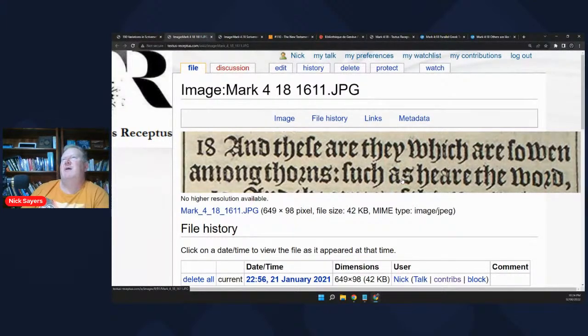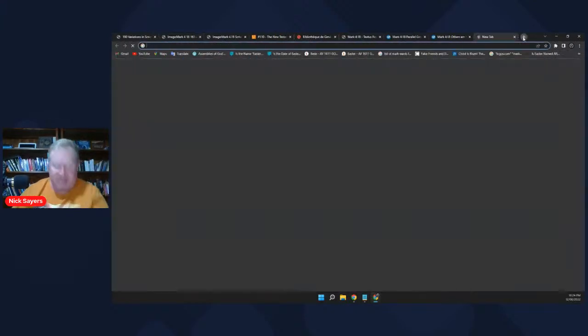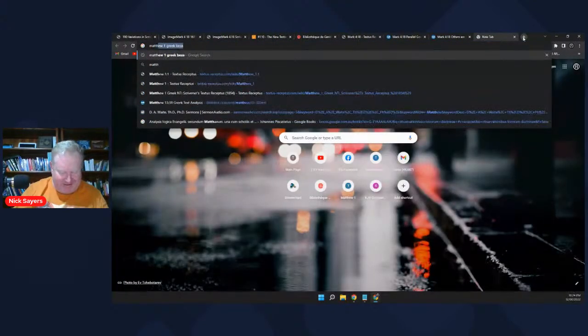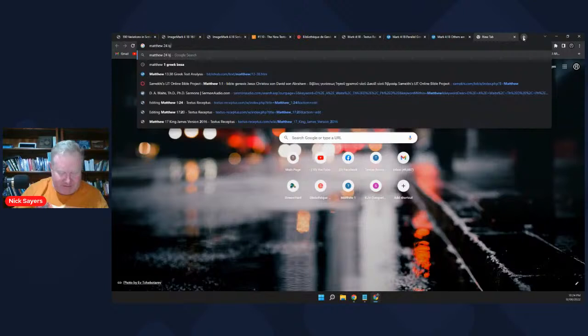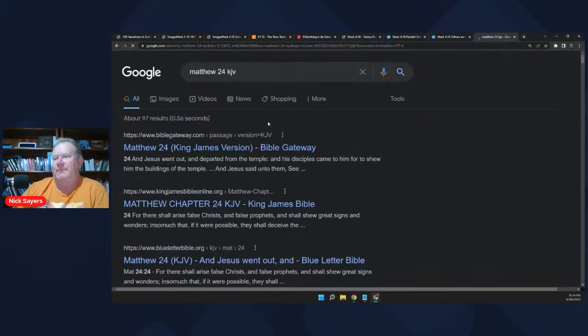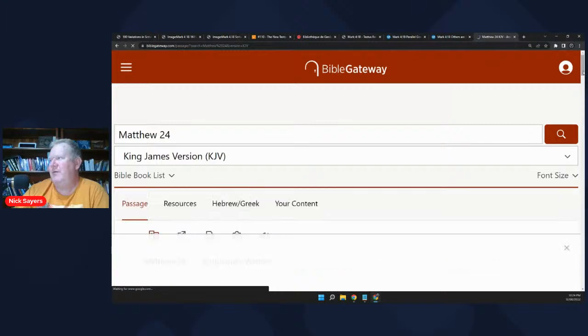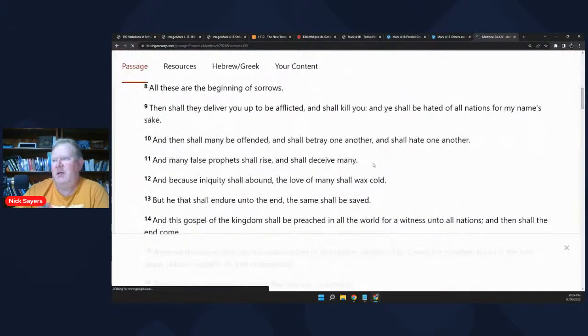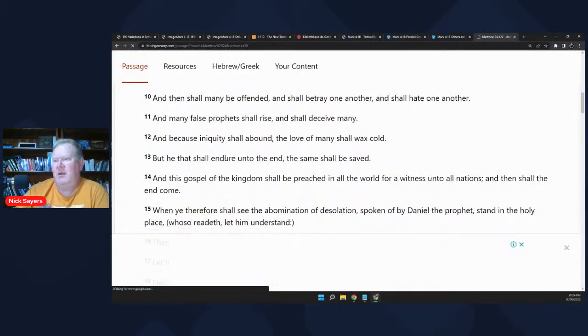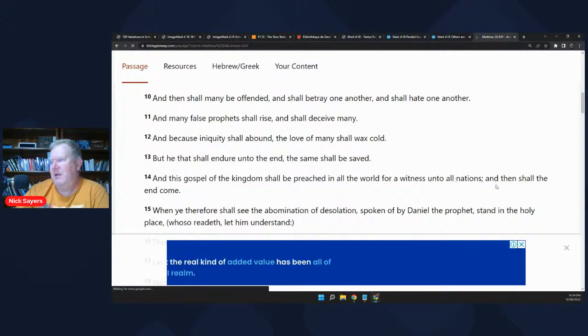It might have, in Matthew 24, this has just come to me, hoping that it's correct. Matthew 24, KJV, around about verse 13 or 14, I think it is. Okay, yeah, the same.